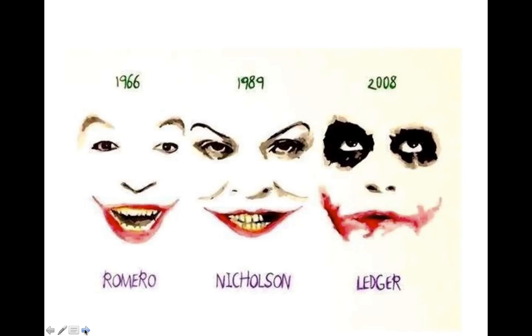Then we get to 2008, and since then we've had 9/11. So the world has become not only darker, but also more terrorized and more chaotic, and more prone to seemingly mad and random acts of violence.